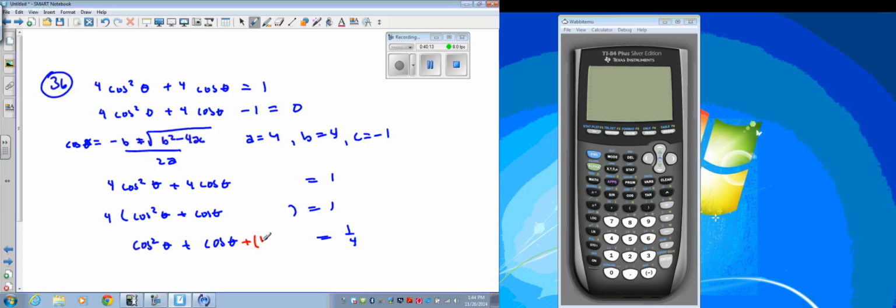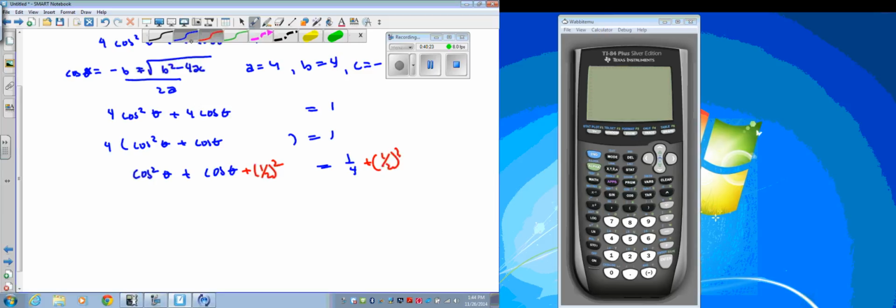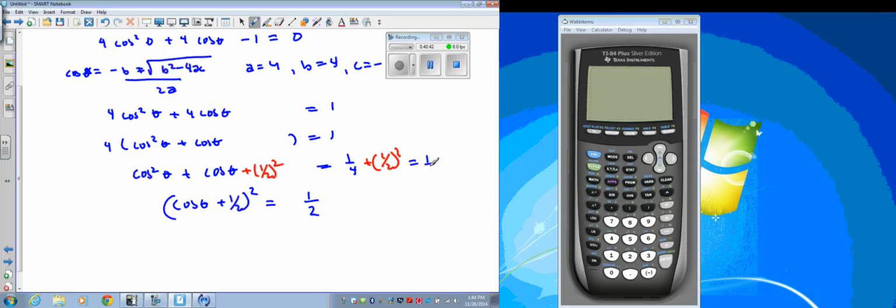Half of 1 is 1/2, quantity squared. And I've made the left-hand side into cosine theta plus 1/2, quantity squared. And then this is 1/4 plus 1/4, which is 2/4, which is 1/2.